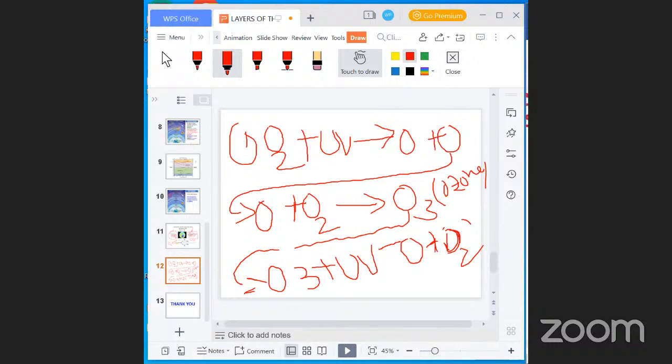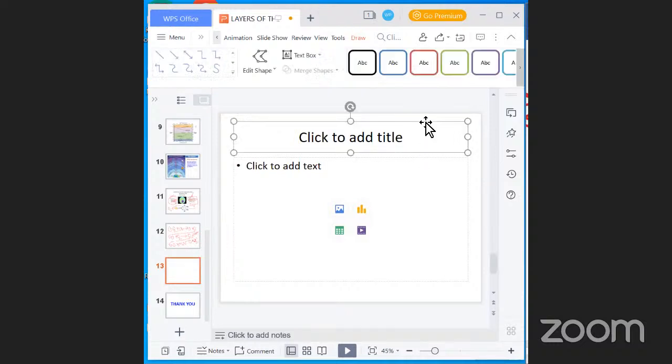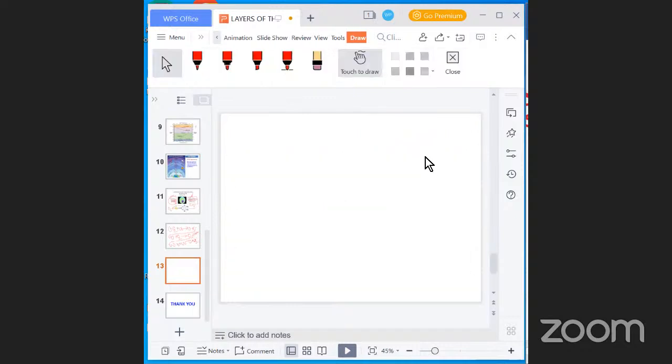Now, after the introduction of chlorofluorocarbons, you see here, the chlorofluorocarbons react with ultraviolet rays, right? It gives different byproducts.